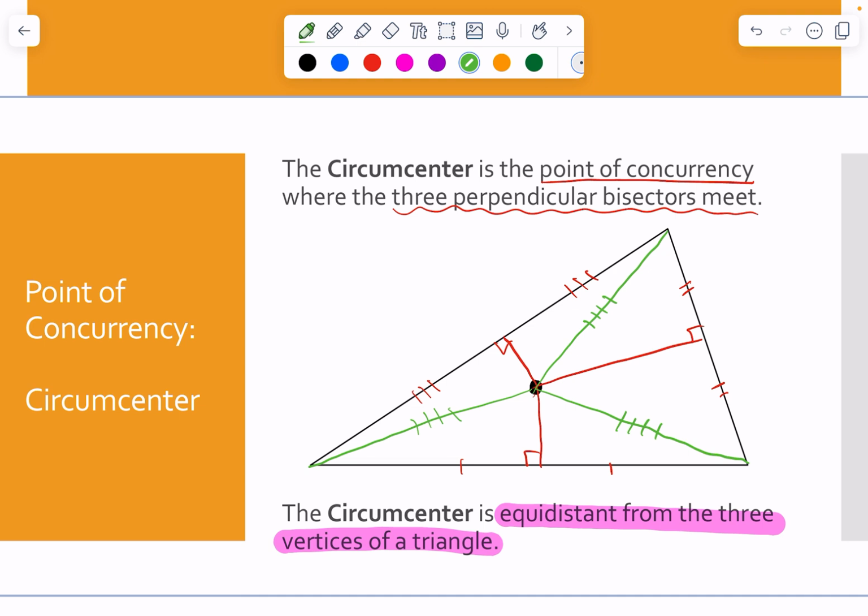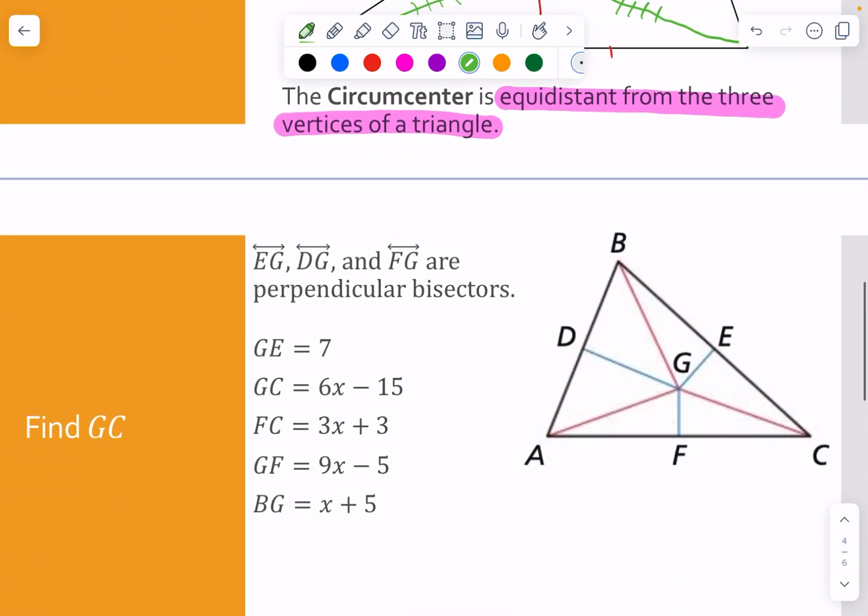So how do we use that? Well, here's what we do with it. If I look at this problem, I know that EG, DG, and FG are perpendicular bisectors. So I'm going to mark up that part.